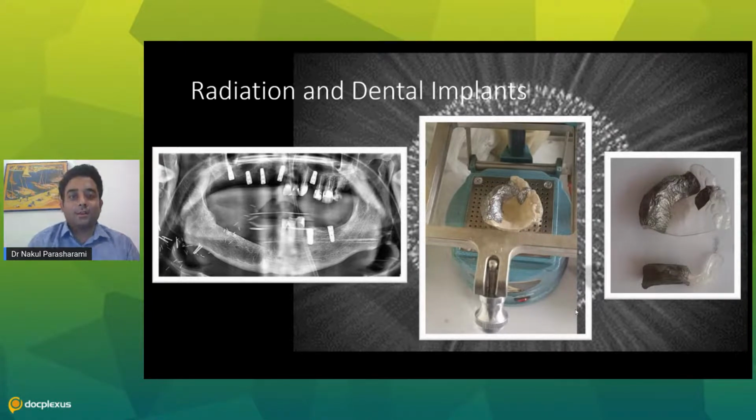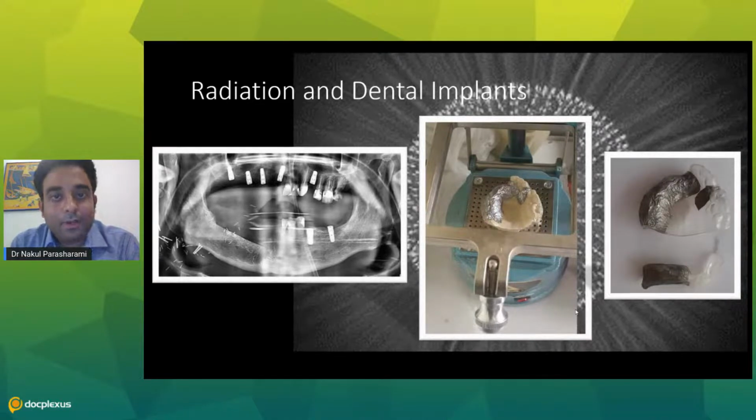Now, I'd like to show you one case which we performed. We had given a radiation blocking stent to the patient. If you can see this, the patient had undergone multiple implants.